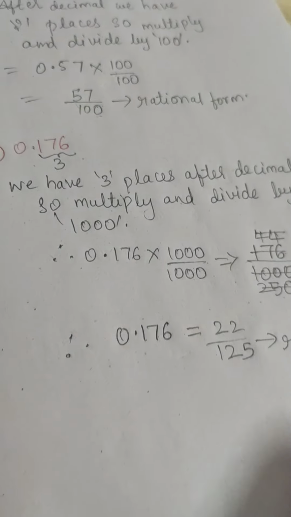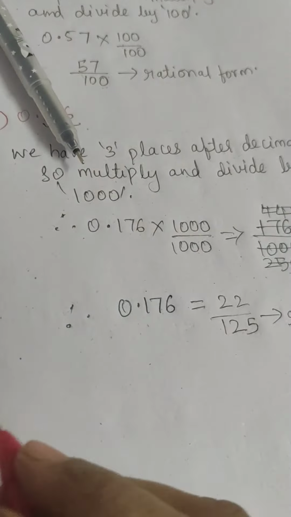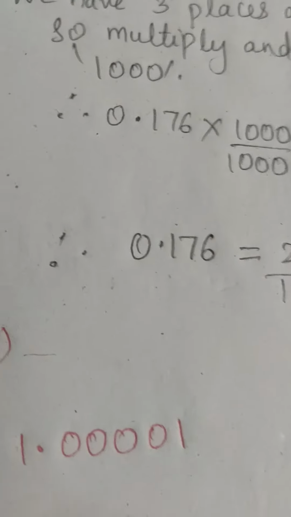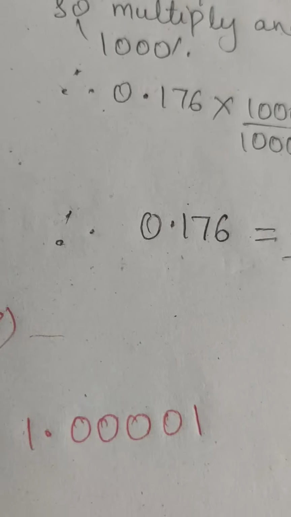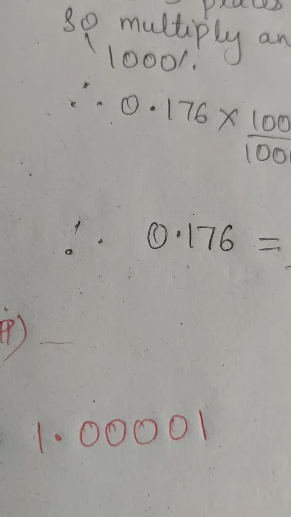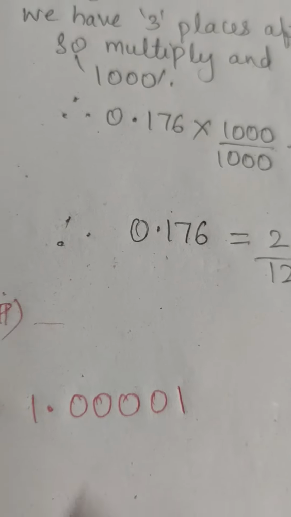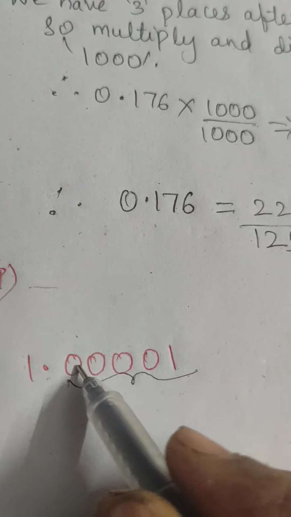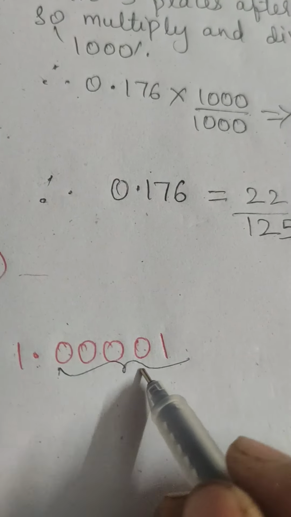Children, this is the way we do it. Now we will see Roman number 3. The next question is 1.00001. If we observe here, after the decimal we have how many places? 1 2 3 4 5 places.